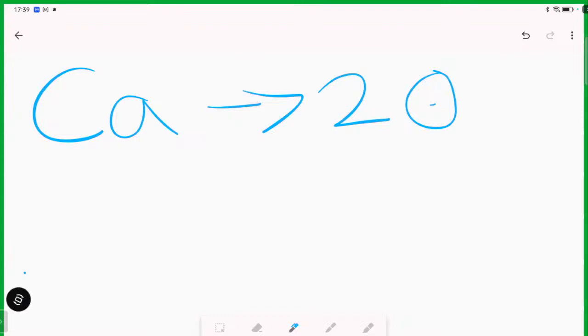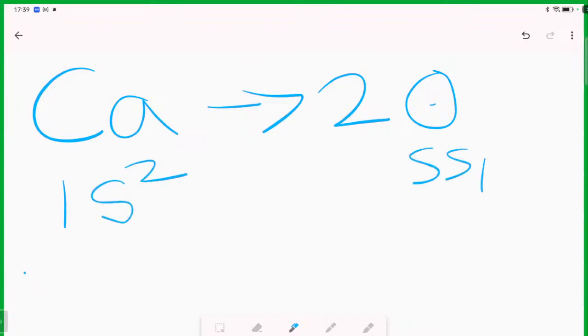20. So 1s2, we know how to write electronic configuration: s, s, p, s, p, s, d, p, s. This is how we proceed, right?